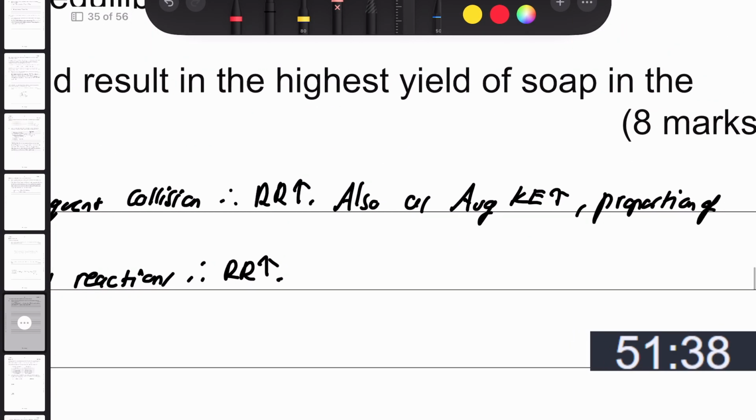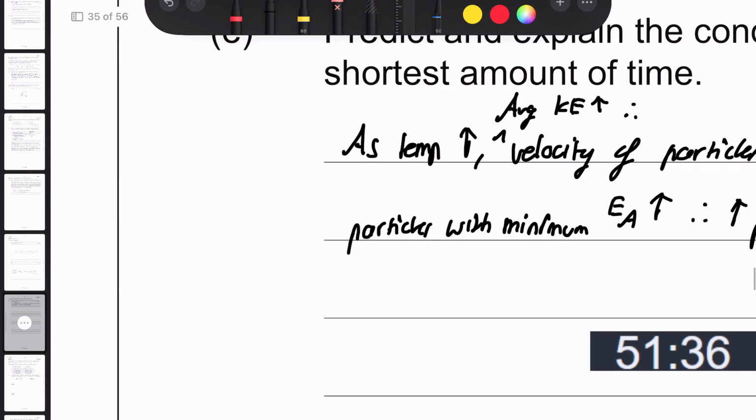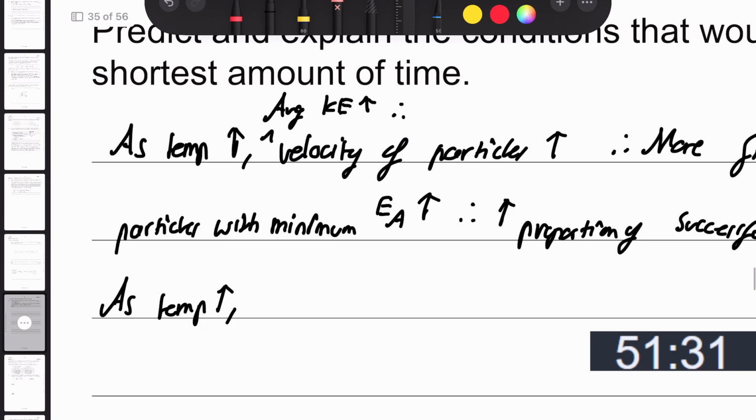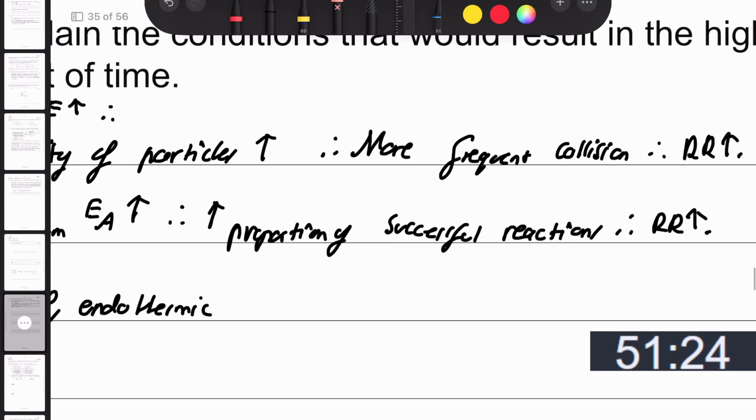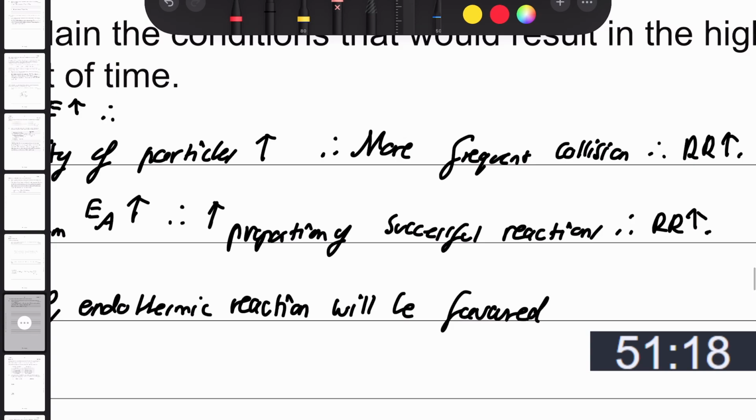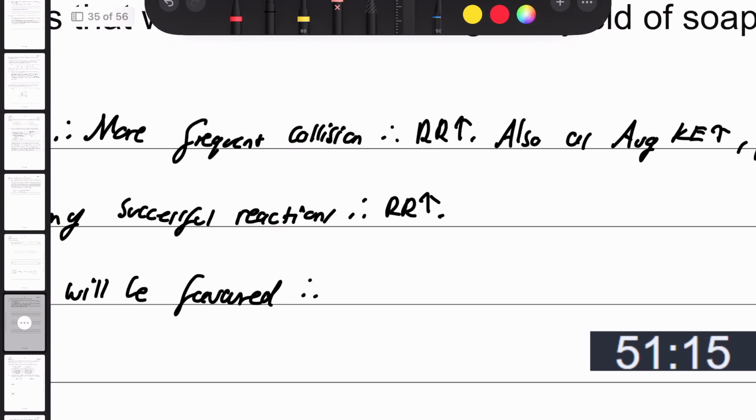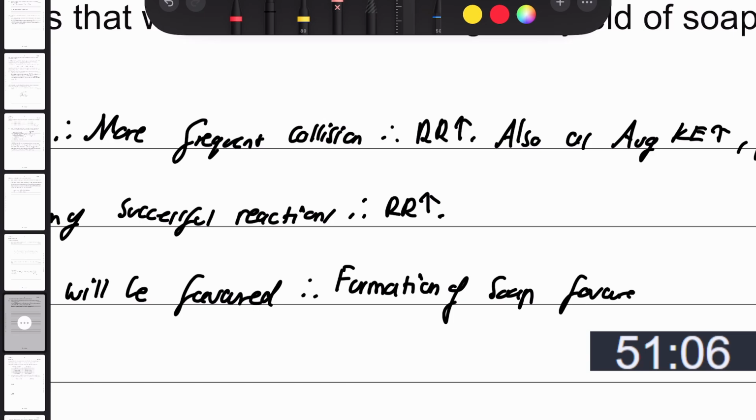And then we can say as temp increases, by LCP endothermic reaction will be favored. Therefore, formation of soap favored.